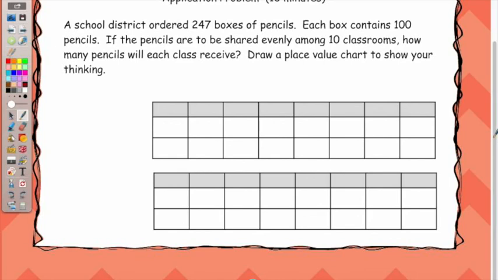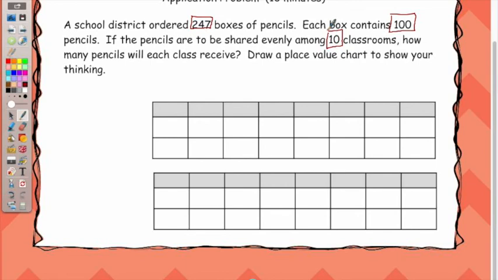All right, a school district ordered 247 boxes of pencils. Each box contains 100 pencils. If the pencils are to be shared evenly among 10 classrooms, how many pencils will each class receive? Draw a place value chart to show your thinking.